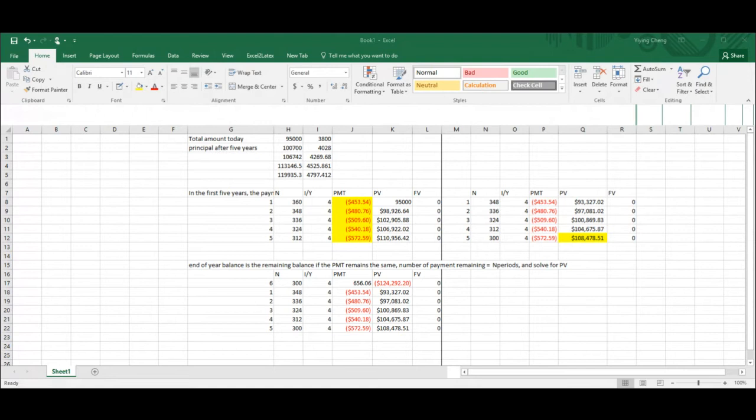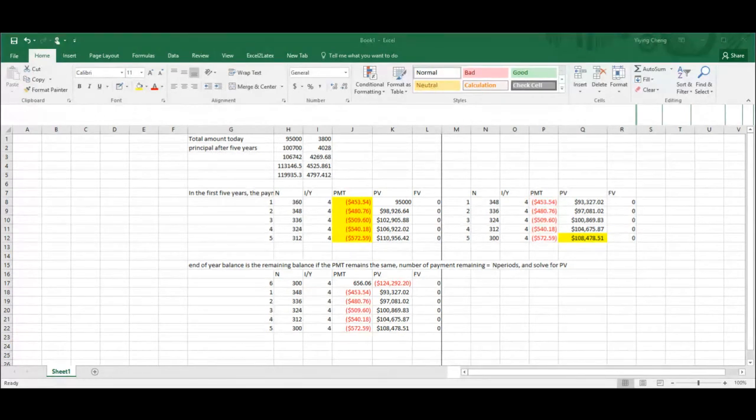Why do I need another set over here? It's because at the end of the year, we will have to calculate whatever present value is outstanding, and then adjust that present value, namely the balance outstanding, up by 6% of the inflation to get the next year's value.